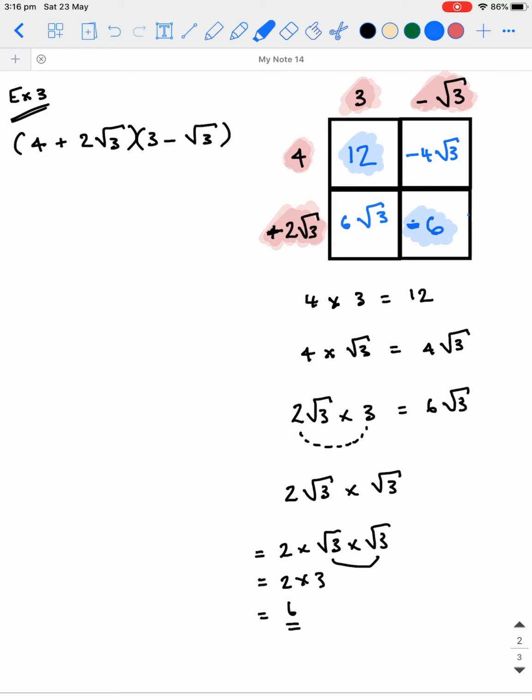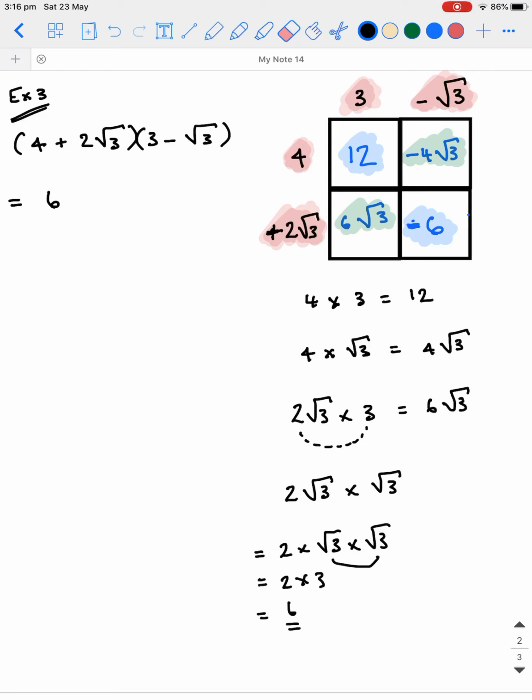These are like terms, so I know that 12 take away 6 leaves me with 6. And if I look at the next two terms, what I have is 6 root 3 and I take away 4 root 3. Because both of these terms share a root 3, that means they are like terms. So 6 root 3 adding on a negative 4 root 3 leaves me with 2 root 3, and that is positive.